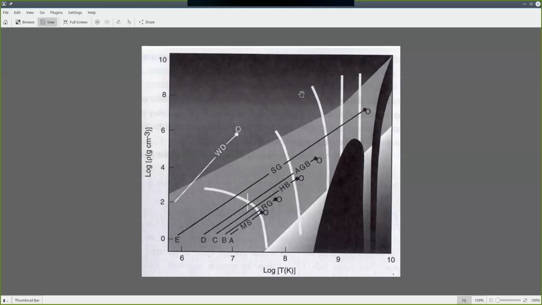We can draw this line and consider several evolutions of the stars, considering each line from each phase of the evolution.